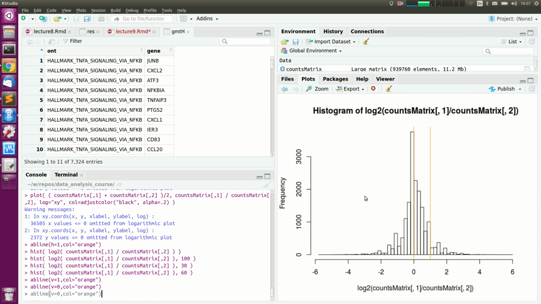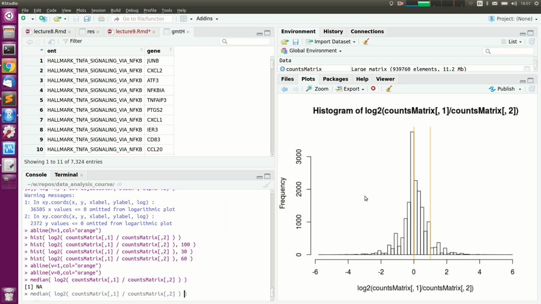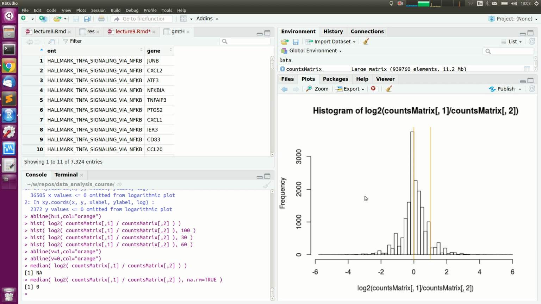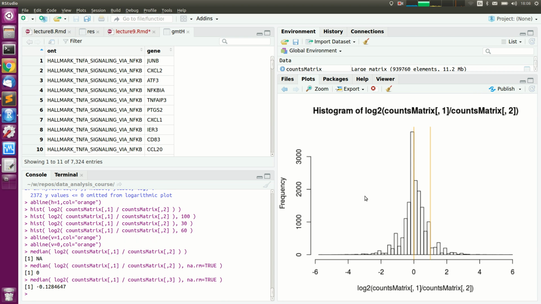One thing I could now do is take all these ratios and ask what's the median, with na.rm true. It's 0. It's exactly 0. That's a bit disappointing because usually it's never 0.